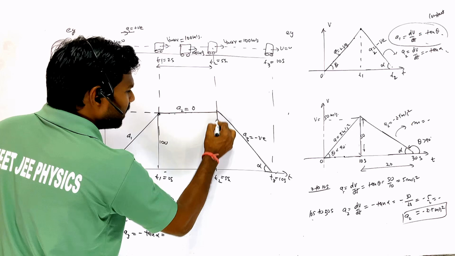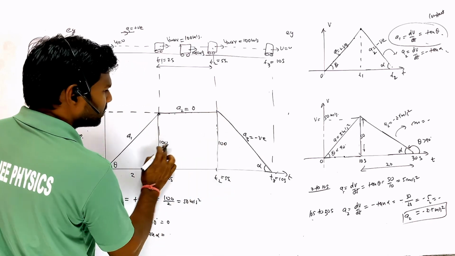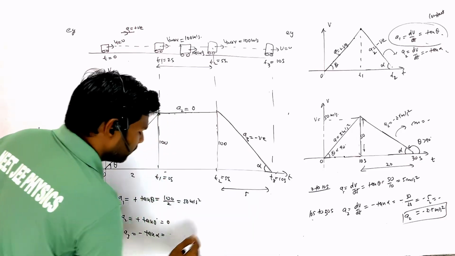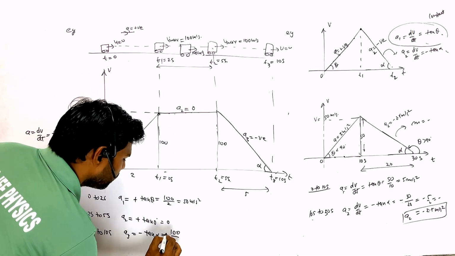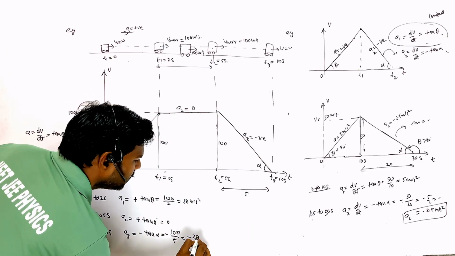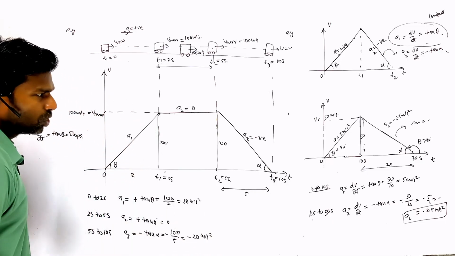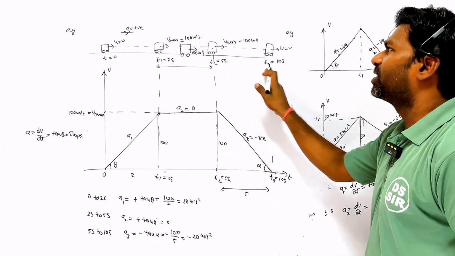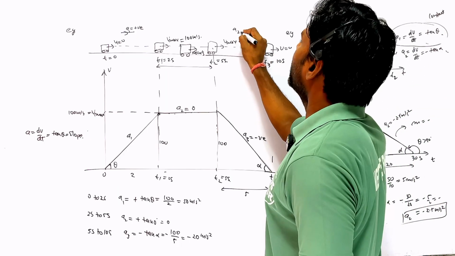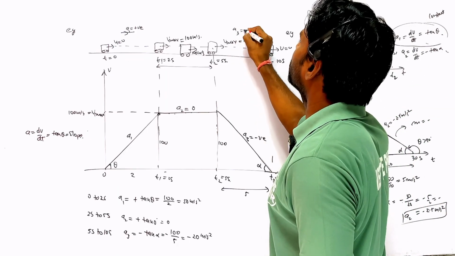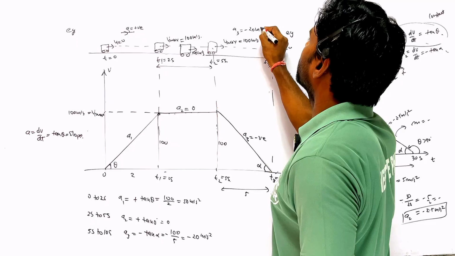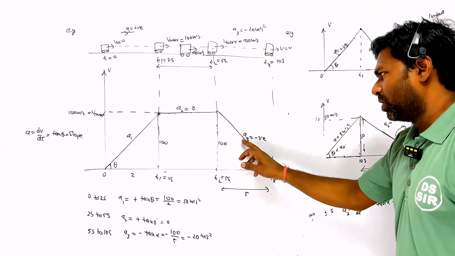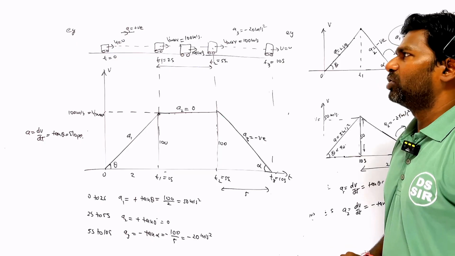And what is tan alpha? This is 100, and this is 5. So 100 upon 5, minus 20 meter per second square. So for this case, when the train is retarding, the acceleration I am writing as A3 is minus 20 meter per second square. The negative sign shows it is the retardation. So in this way you can write A3.